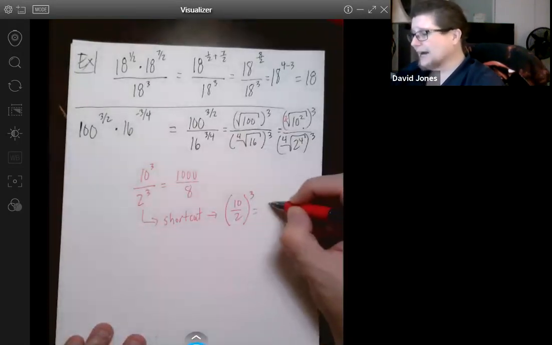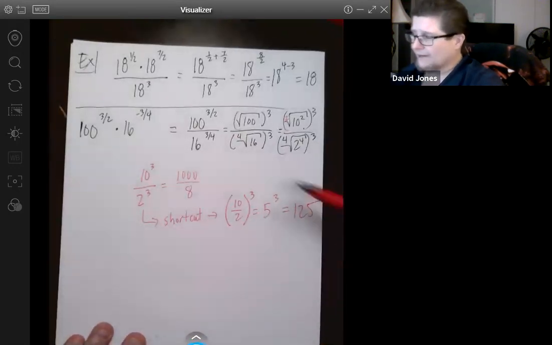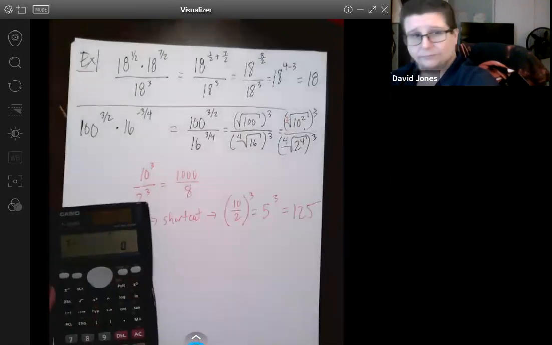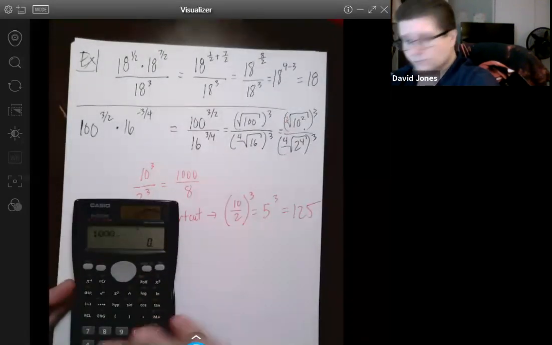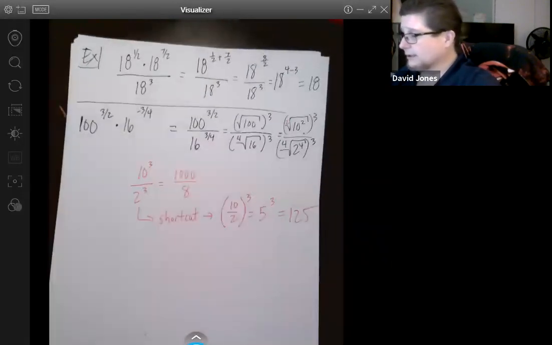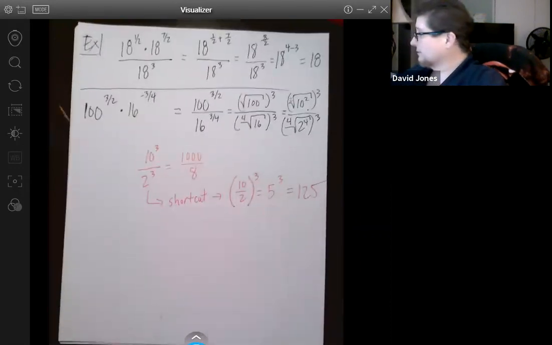But that's just 5. 5 cubed is 125. And if I did 1,000 divided by 8, I should get that. So I did it without using a calculator. Sometimes doing that makes the problem easier.